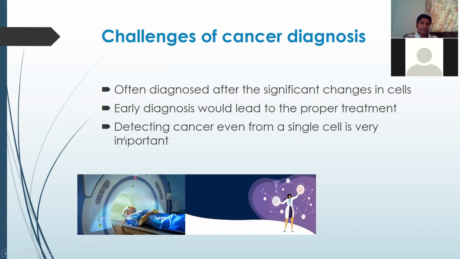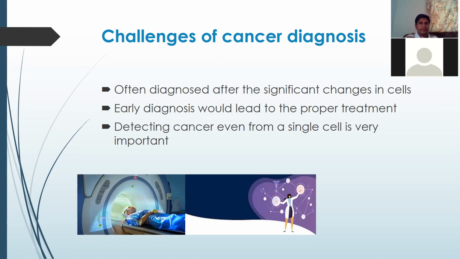Then detecting cancer even from a single cell is very important. This is also a challenge. If we would be able to detect the cancers from a single cell, then very effective treatment strategies could be applied in order to treat the cancers.